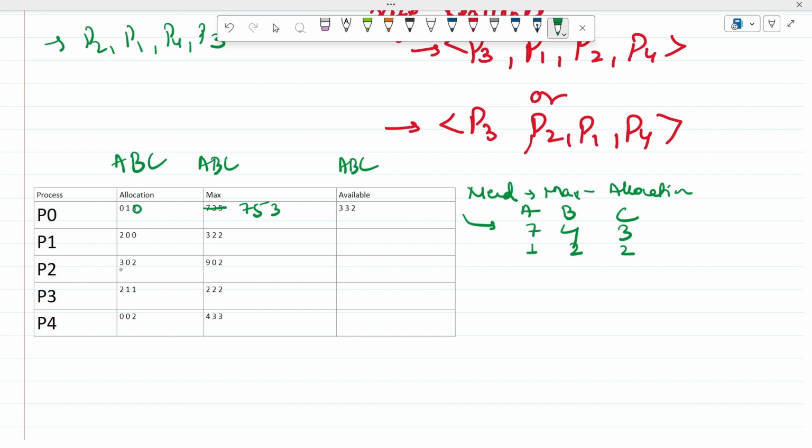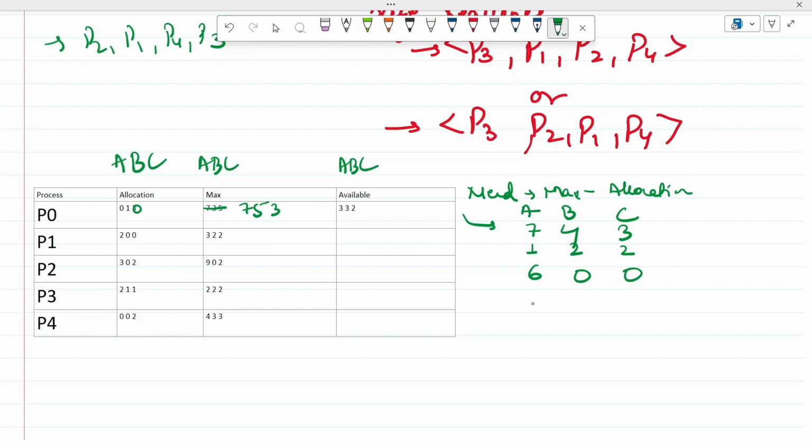Coming to P2, it already has 302 and needs 902. If you subtract, the A resource P2 needs is 6. B doesn't need anything, and C also does not need any C instance. So 600.